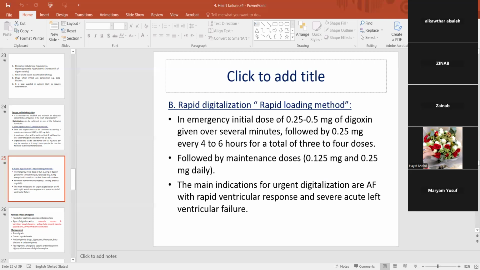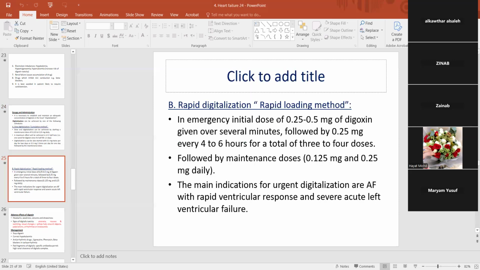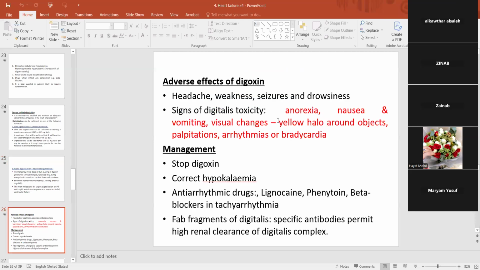If we do not urgently need to increase the concentration of the drug, we give it orally with a small dose over a longer time, which is the cumulative method, known as slow digitalization. That's what you need to know for now about the dosage and administration.